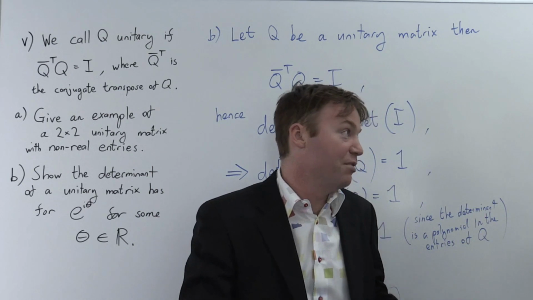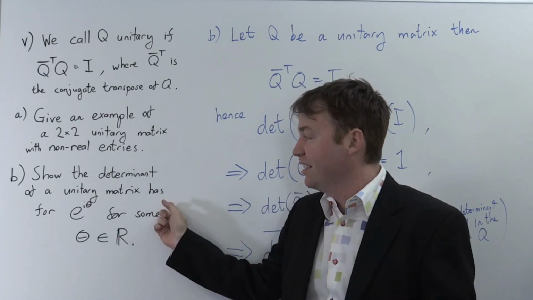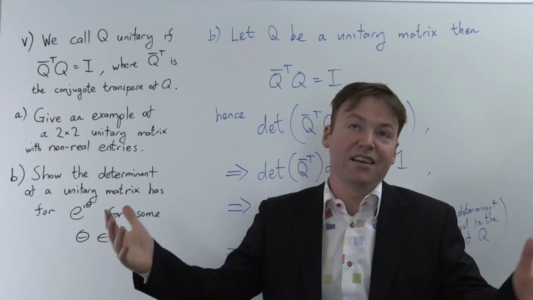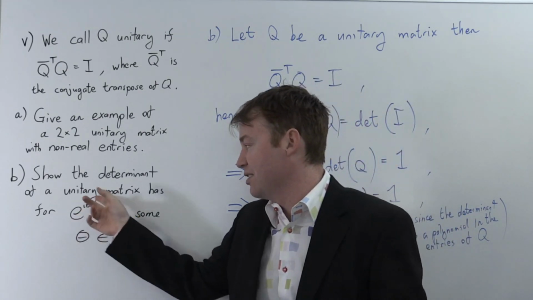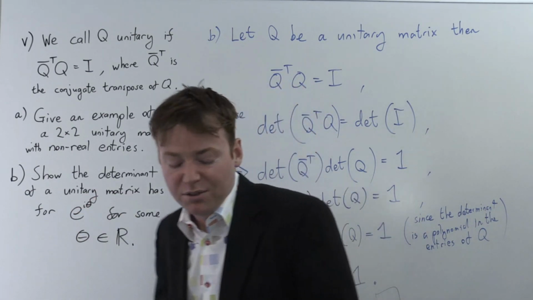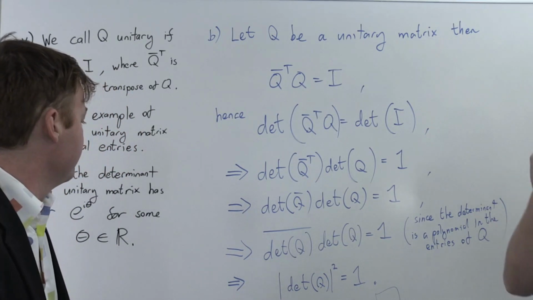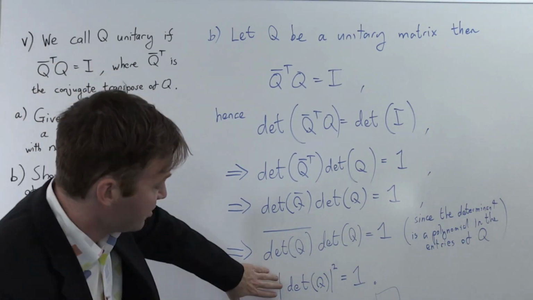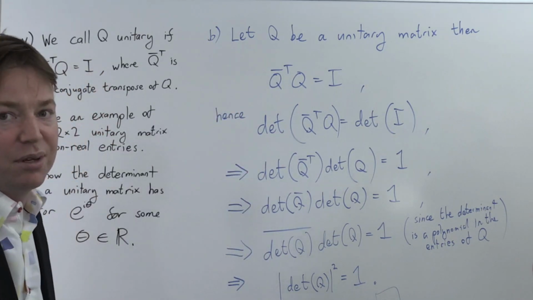It's nice that you do, but you're not obliged to. This bit, you actually have to show something. You can't just state its determinant has unit modulus. You actually need to do something to prove that, going through some other steps to get there.